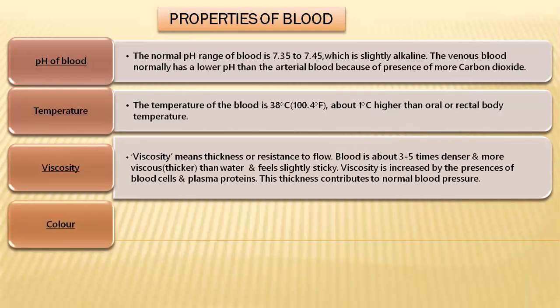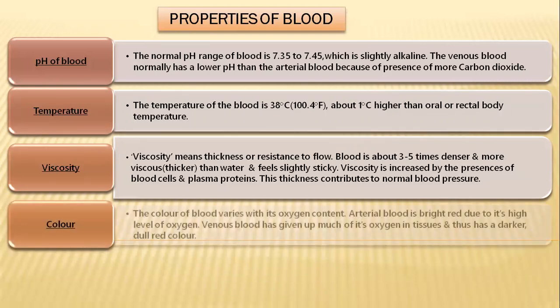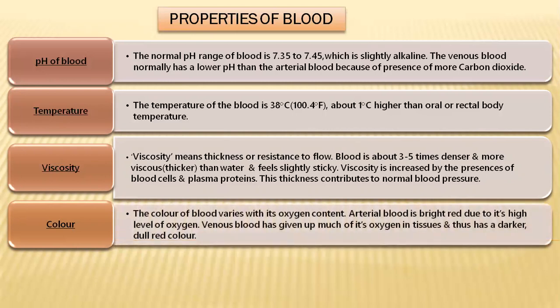Then looking at the color of blood, the color varies with the oxygen content. Depending on how much oxygen is in blood, you have a particular color. For instance, arterial blood is bright red due to its high level of oxygen. You have more oxygen on the arterial side as compared to the venous side.